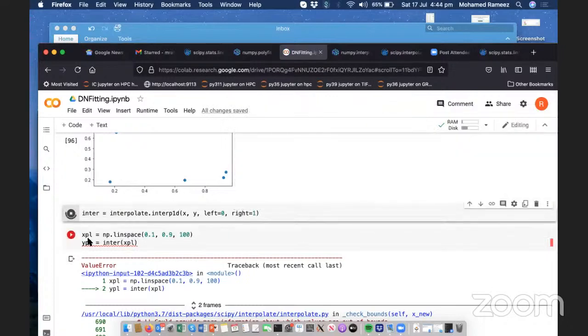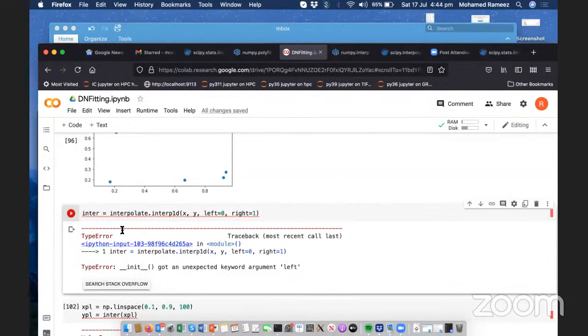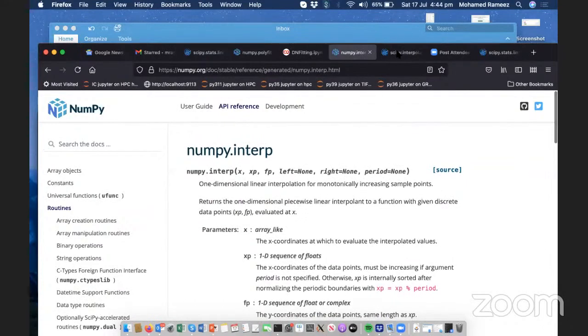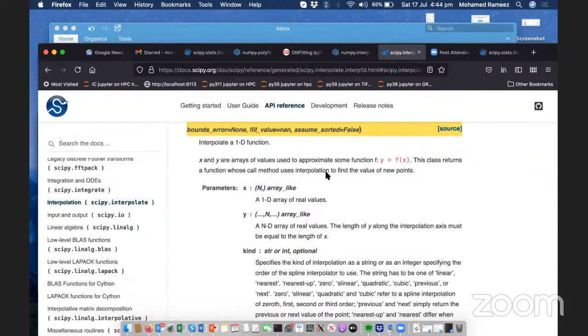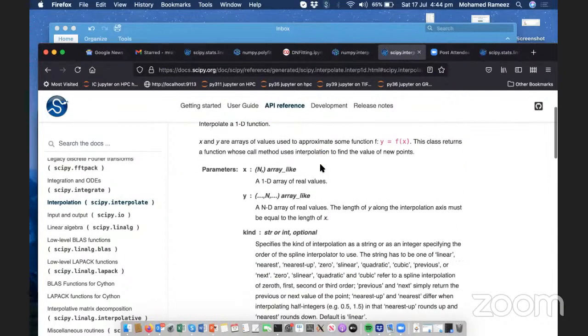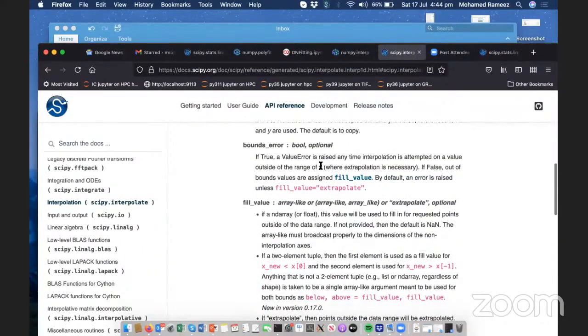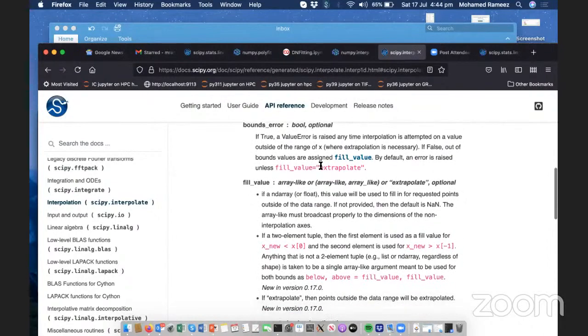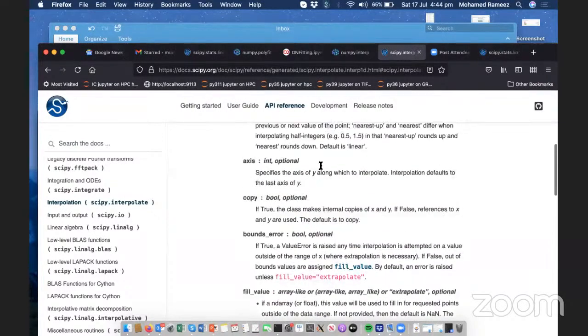Let me create this. Of course, scipy.interpolate, fill value.